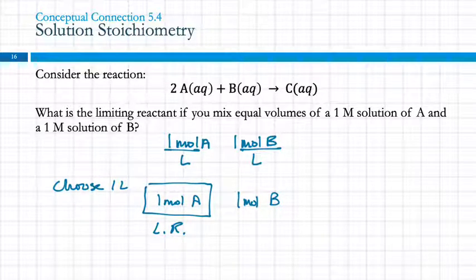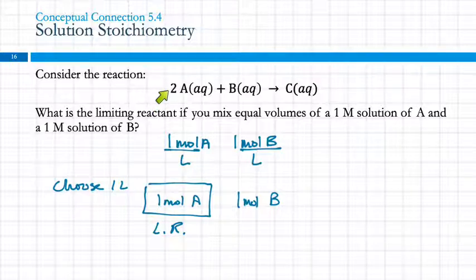How far back should I go? Okay, so I'm just going to back up to the point where we had 1 mole of A and 1 mole of B. And then we're trying to figure out, well, which one is going to run out? Which one's going to limit the amount?